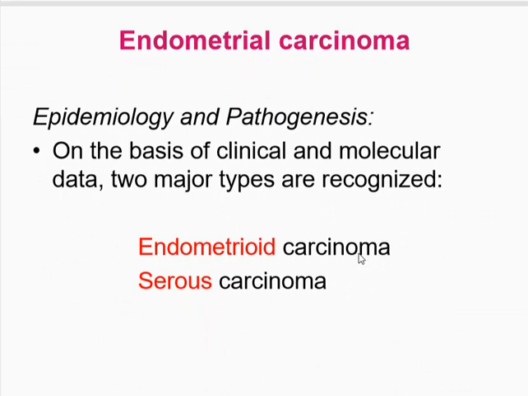Endometrial carcinoma is divided basically into two large subsets. One of them is endometrioid carcinoma, resembling the normal endometrium, and the other is serous carcinoma. These are two tumors with major differences in etiology and behavior.